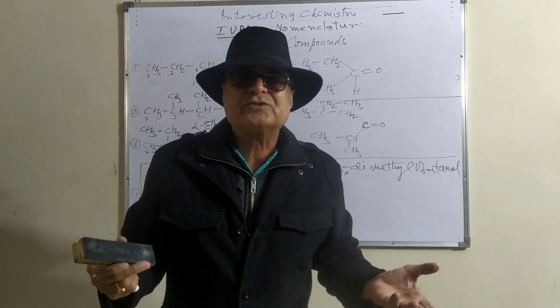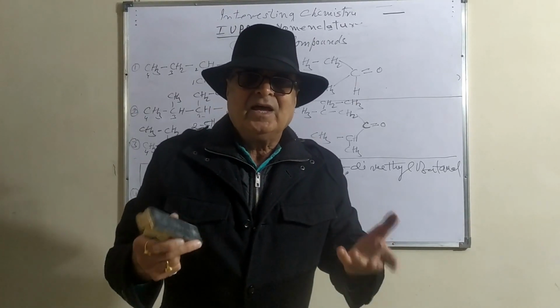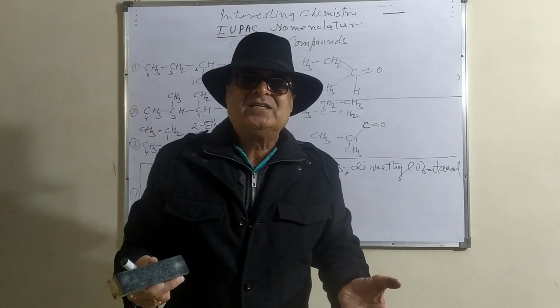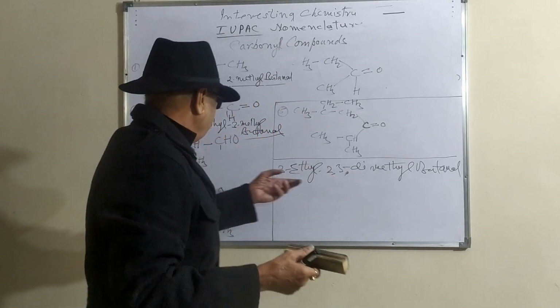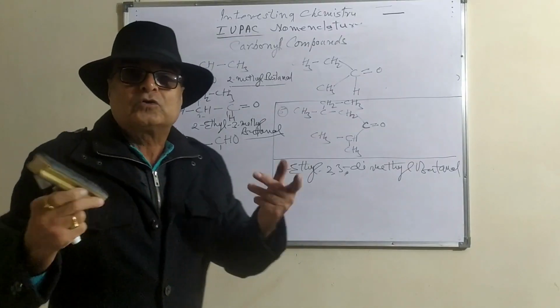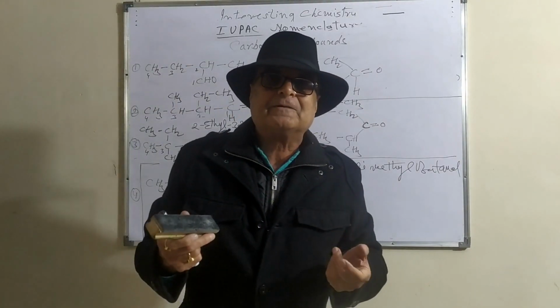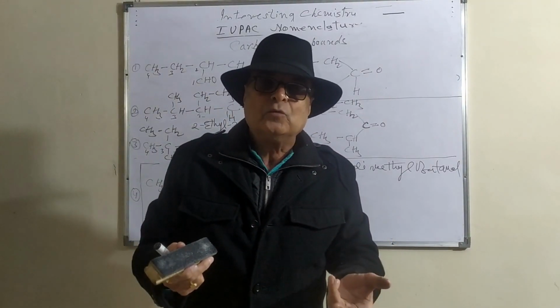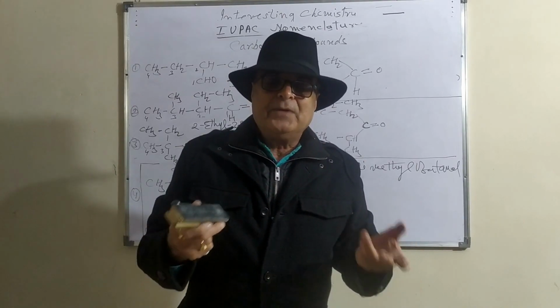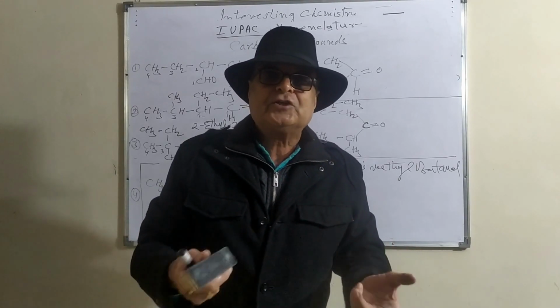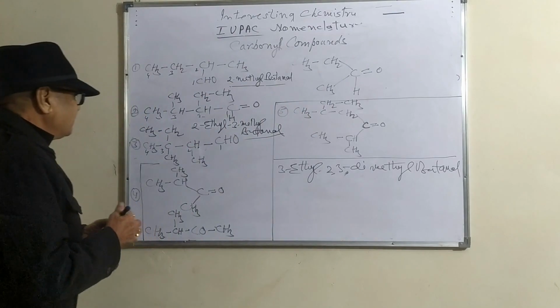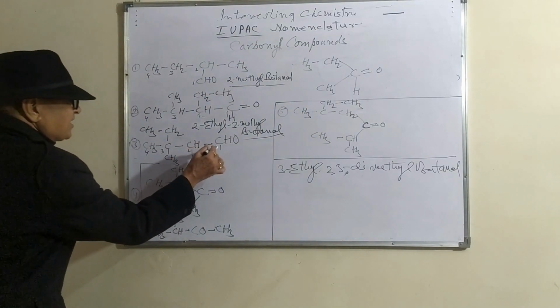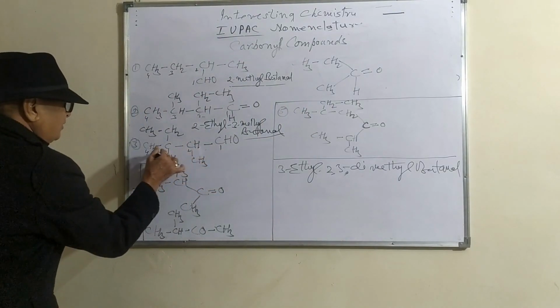I am very sorry to say, I have committed a mistake here. Find my mistake. I have made a mistake in the selection of the longest chain 1, 2, 3, 4.